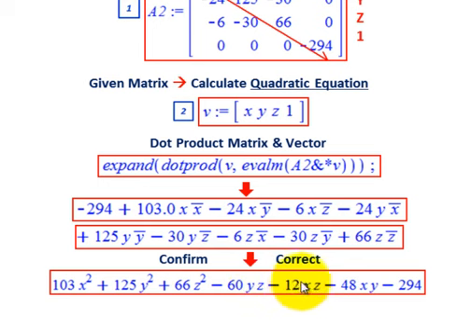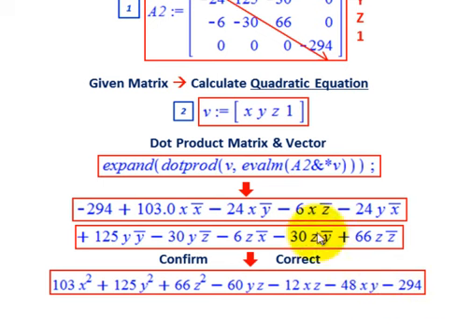It would be the same for the other two. That 12xz, you'd collect 6xz plus 6xz, which equals minus 12xz. And then the minus 24yx plus another minus 24xy gives minus 48xy, and then we have that minus 254.